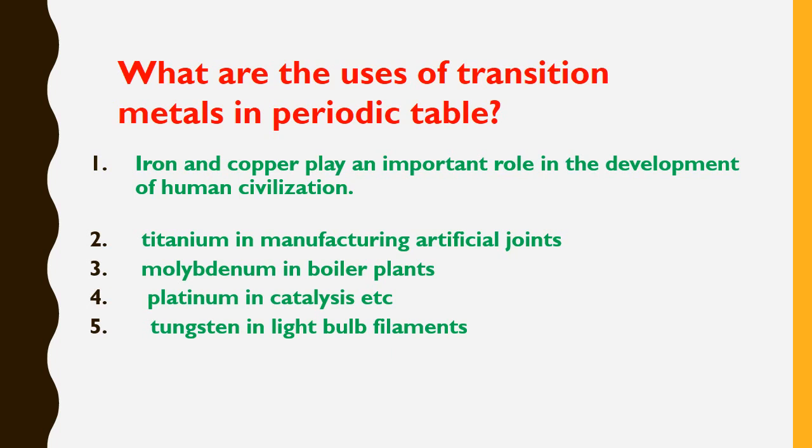The third metal, molybdenum, is used industrially in boiler plants. Point number 4, platinum is mostly used as a catalyst in many reactions. The last point, tungsten, is a familiar one. It is used in light bulb filaments.